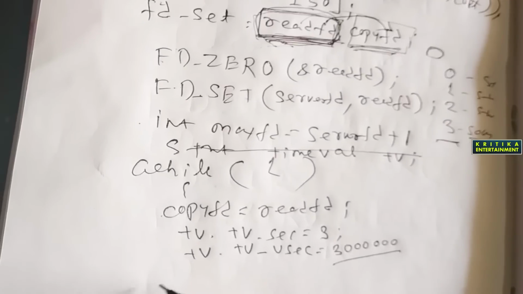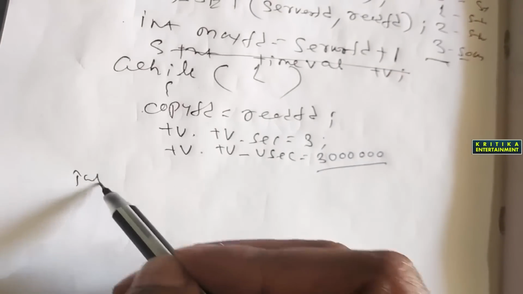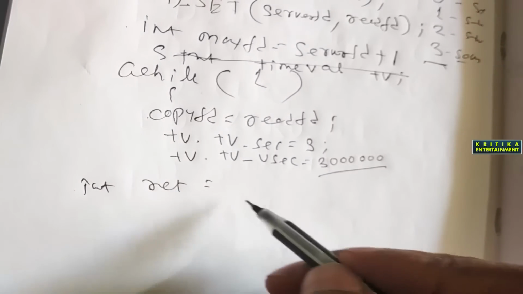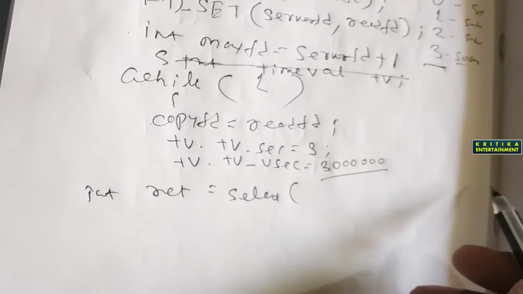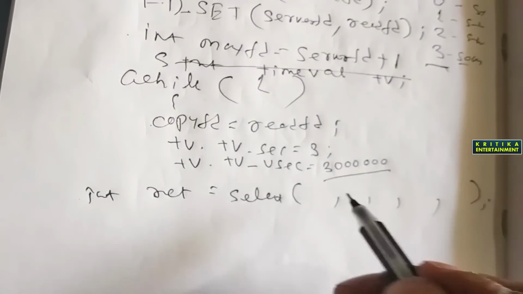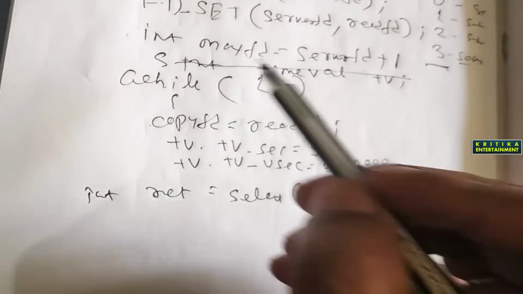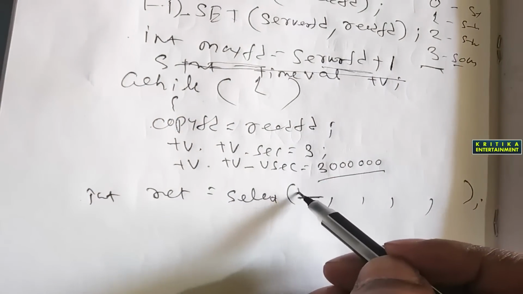Then here I will write int ret for the return value, and write select. I told you how many arguments we pass: 5. The first argument is the maximum FD, which is server FD plus 1.